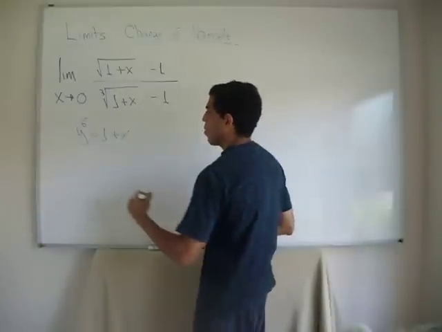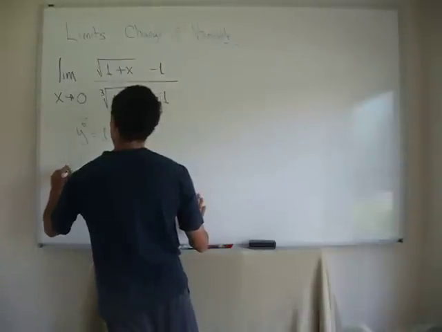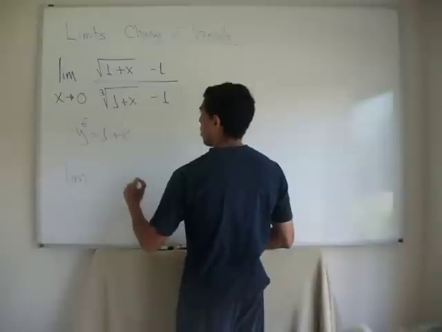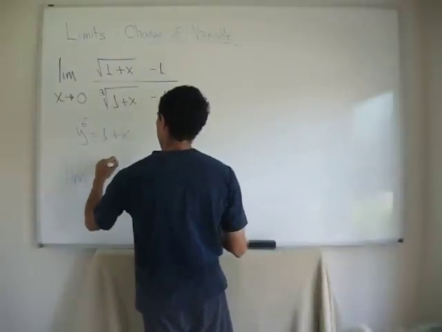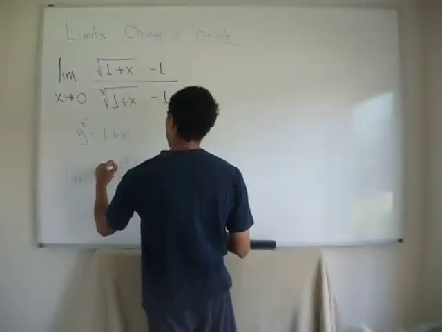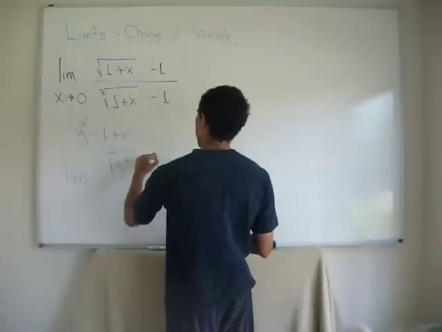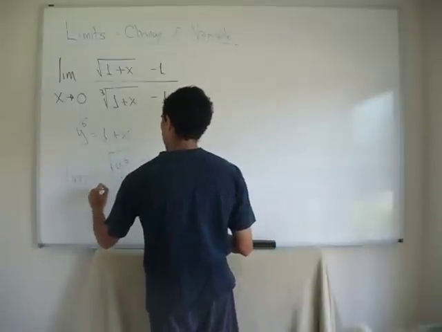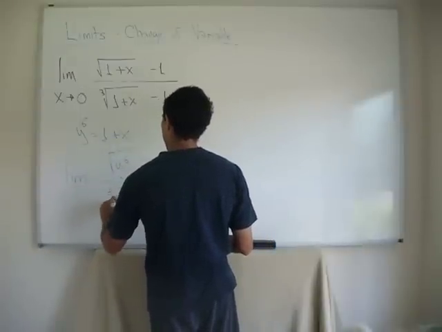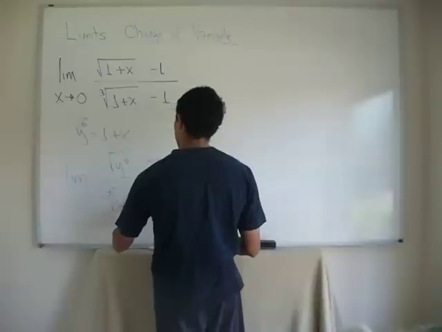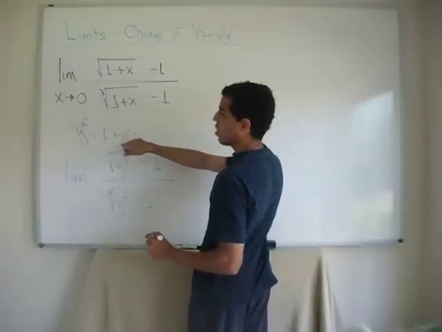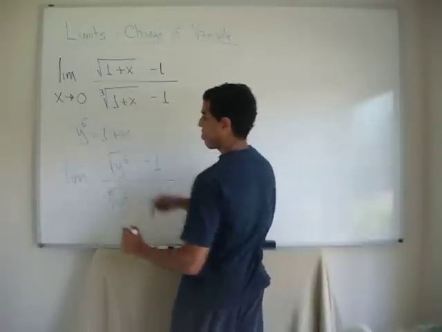Well, let's see. We're going to end up with limit of square root of y to the 6 minus 1 over cubic root of y to the 6 minus 1. And since x tends to 0, y tends to 1.